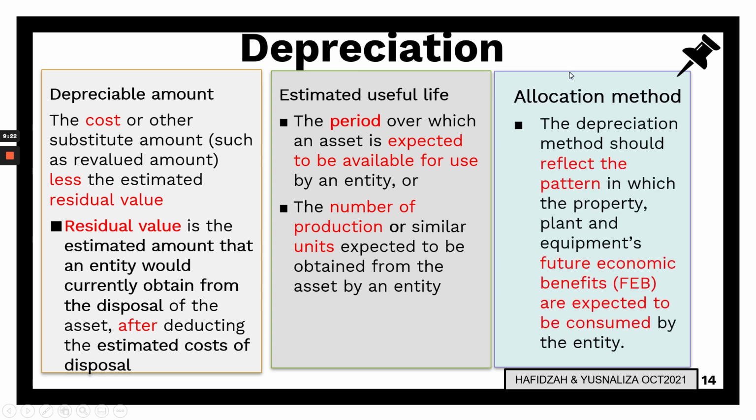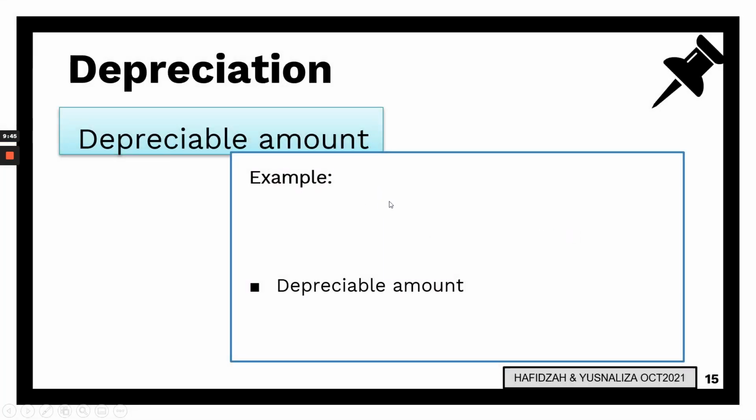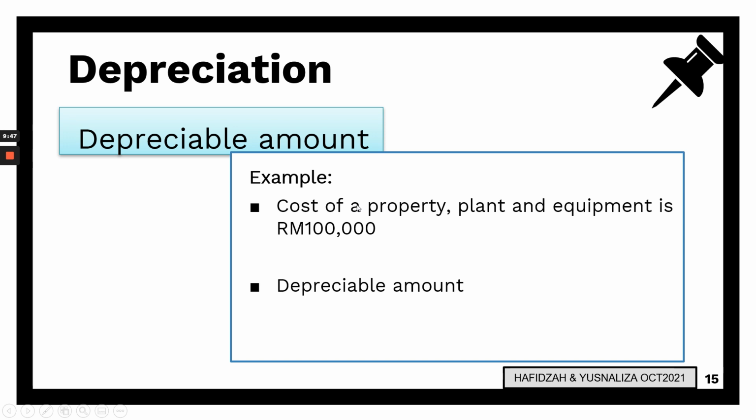Allocation method: depreciation should reflect the pattern in which the property, plant and equipment's future economic benefits are expected to be consumed by the entity. The way you allocate that depreciable amount over the estimated useful life should reflect the pattern of how it is being consumed.